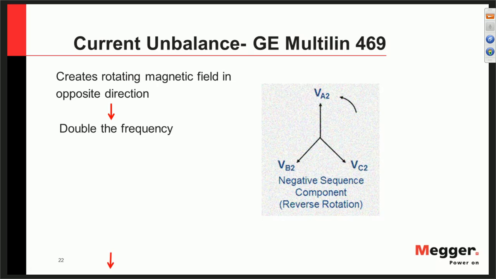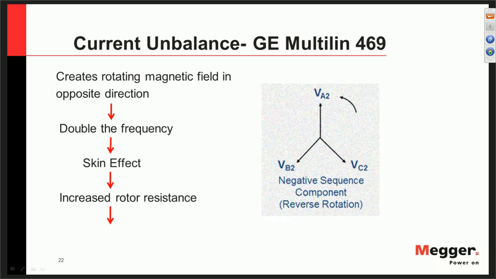Because of double the frequency, you're having an increased skin effect in the rotor. You're having a high amount of skin effect in the rotor, and because of the skin effect, you're increased rotor resistance. So your resistance of the rotor is increased, and that's the primary cause of heating in the rotor.